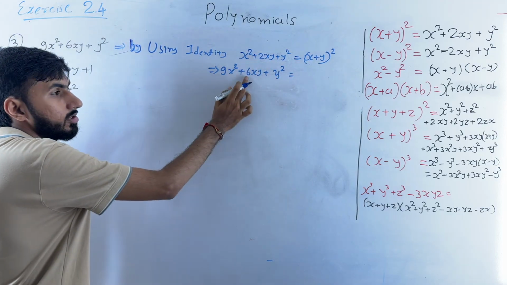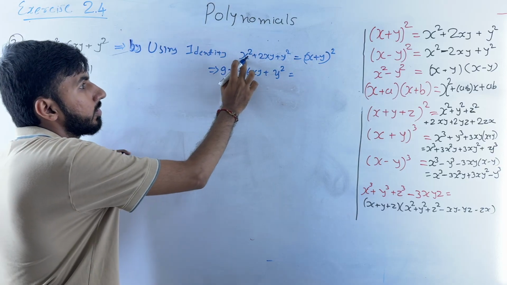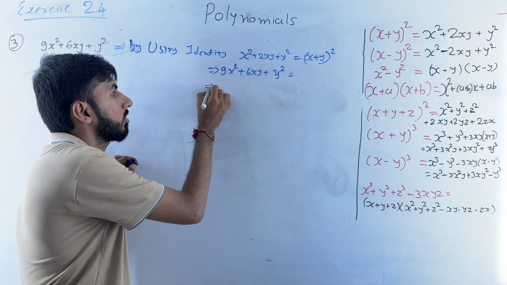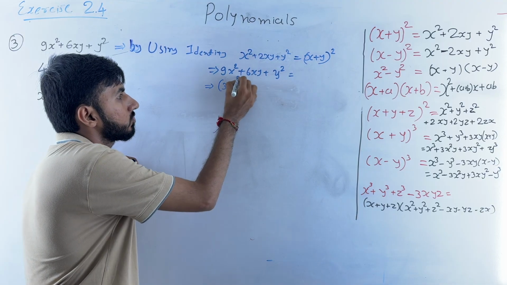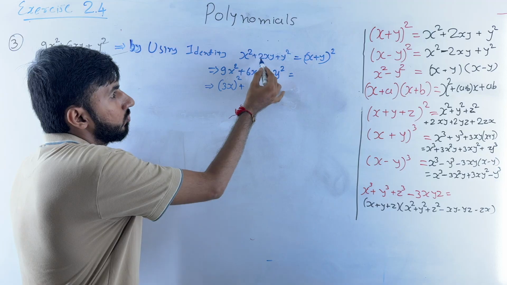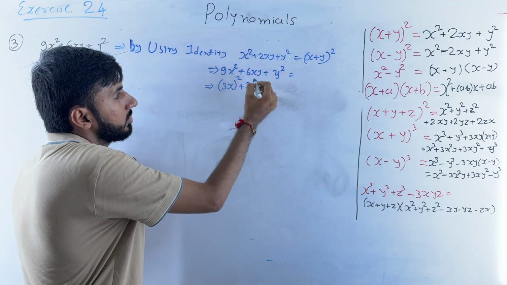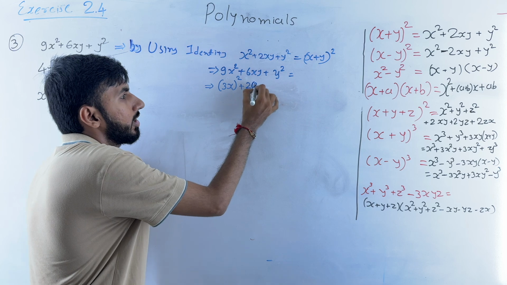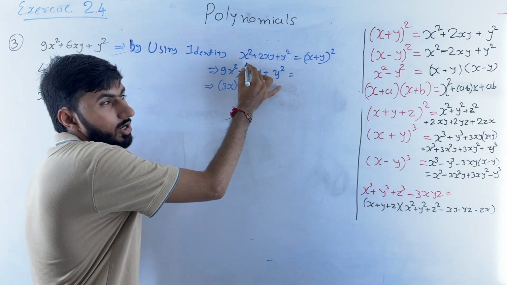Now if you compare it with the question, right, you have x square here, now you have 9x square here, so you have to convert it like (3x) whole square, square of first term, right, plus you need 2 here, so 2x here, I have x already here, but my first term is 3x, so I have to write 3x, x means first term, right.